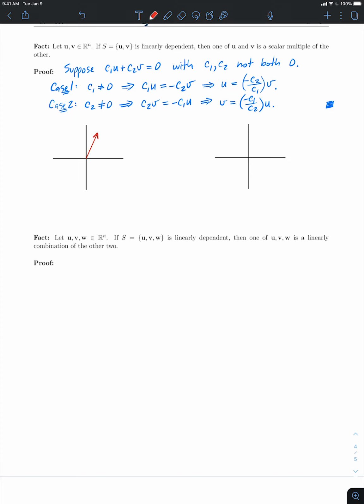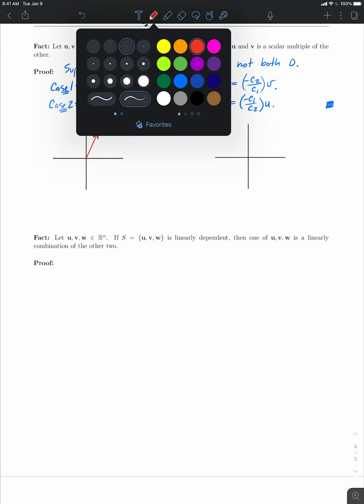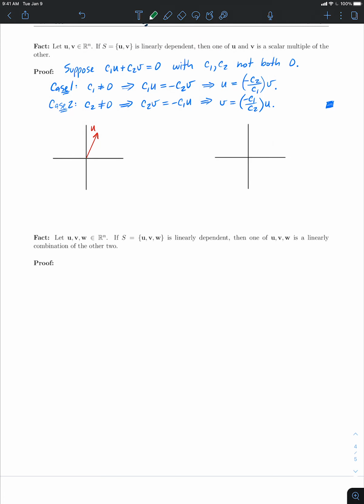I'll draw one vector here, and then I'm going to do the other one in green. That's what the situation may look like if you've got a set of two vectors, u and v, that are linearly independent.